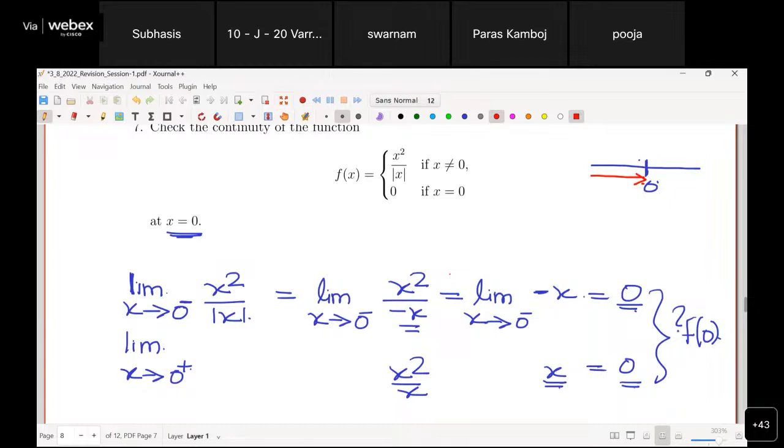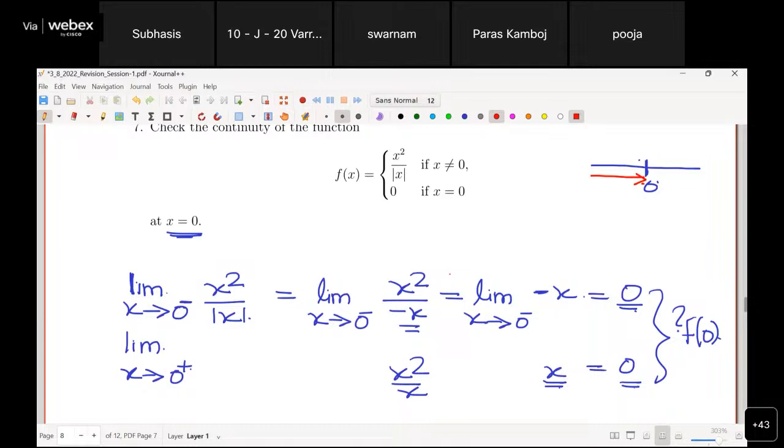Do you agree that when I'm talking about the left hand limit at 0, I'm basically coming to 0 from the left hand side? So what will be the value of x at that time? It is negative, right?